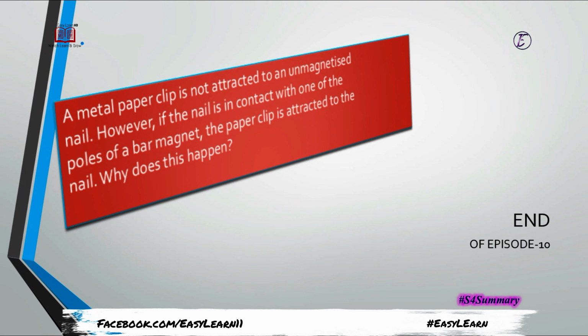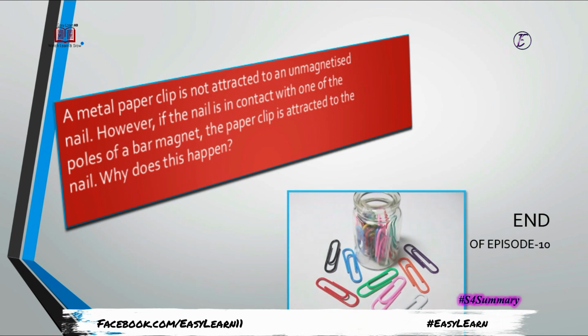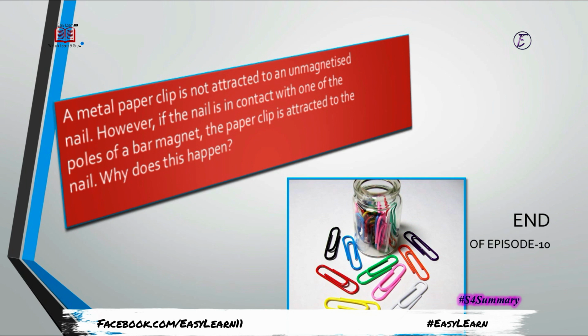A metal paper clip is not attracted to an unmagnetized nail. Suppose this is a nail and I bring it closer to the paper clip, and the paper clip shows no interest, neither attracting nor repelling the nail.